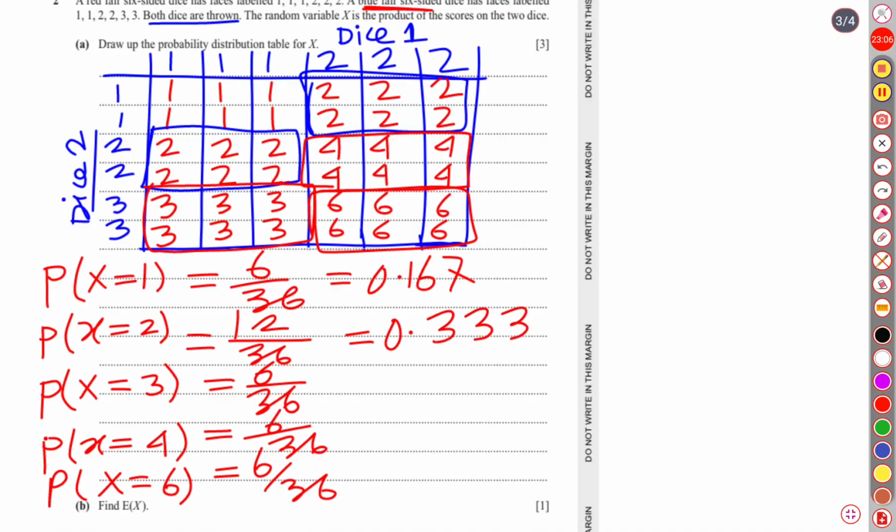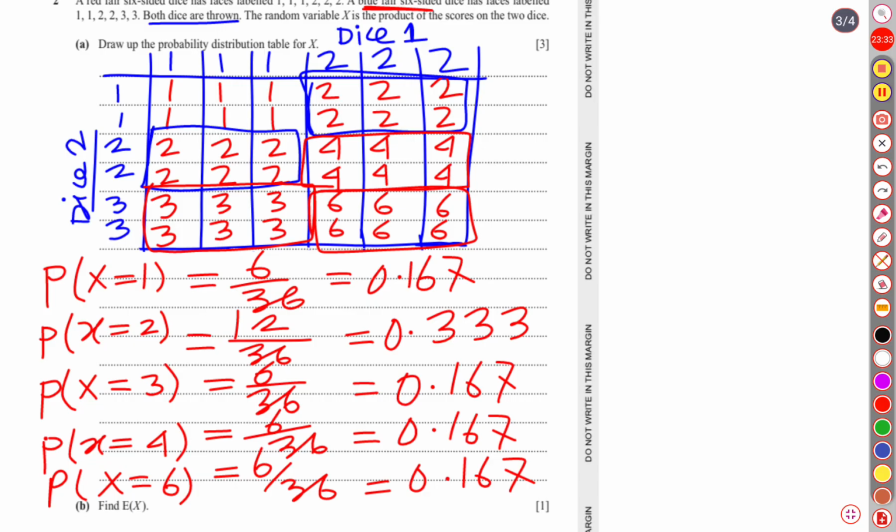After that, the rest of them are the same as the first probability. So 6 over 36 means 0.167. So is the next one 0.167, as well as the final one, 0.167.